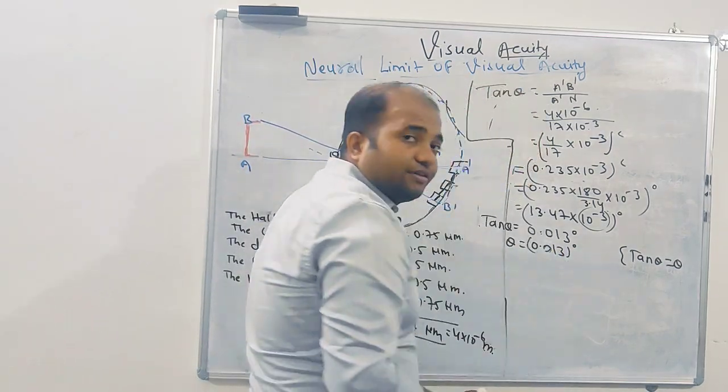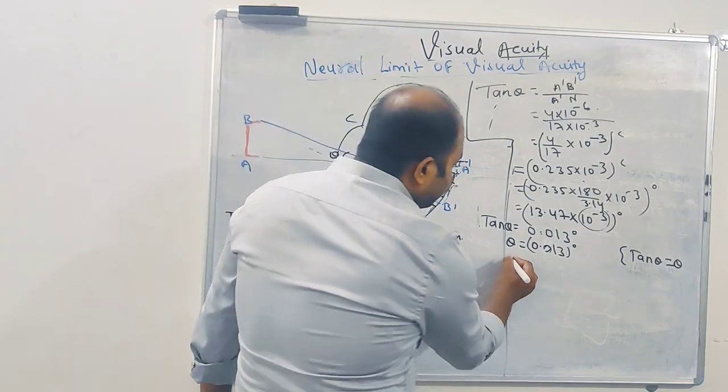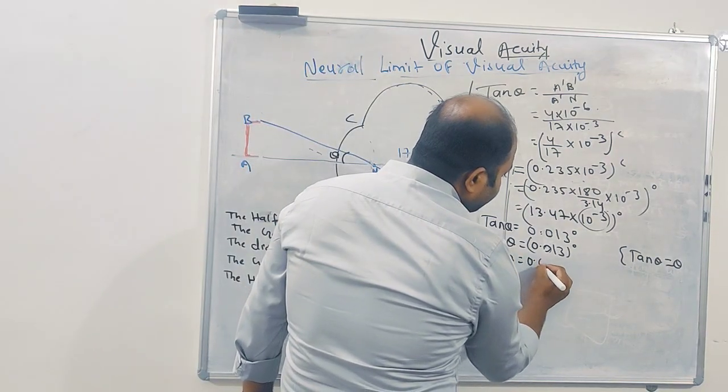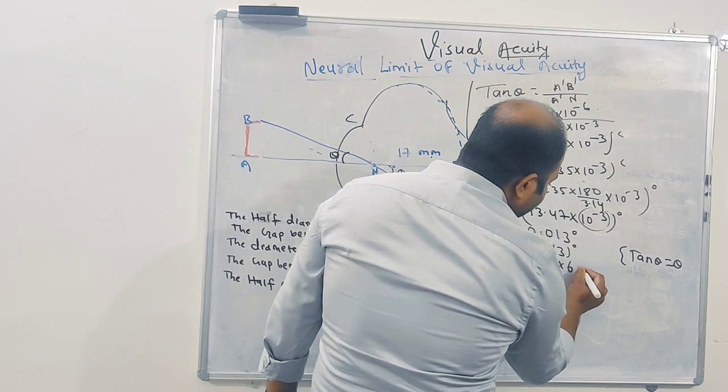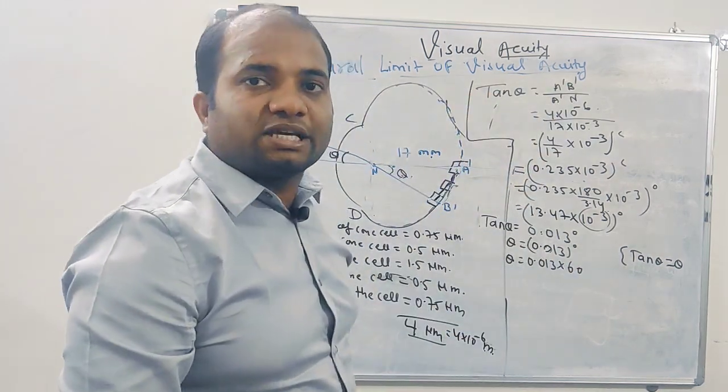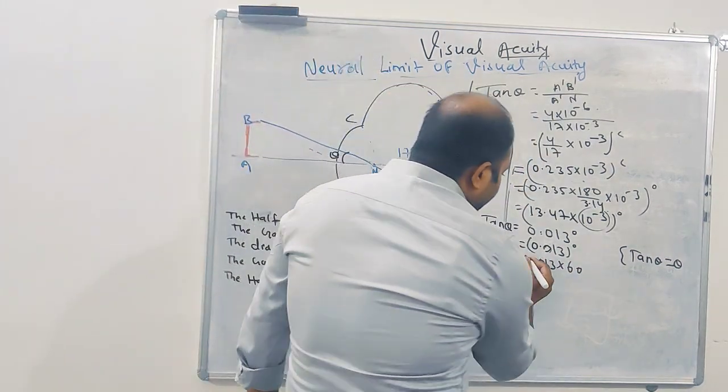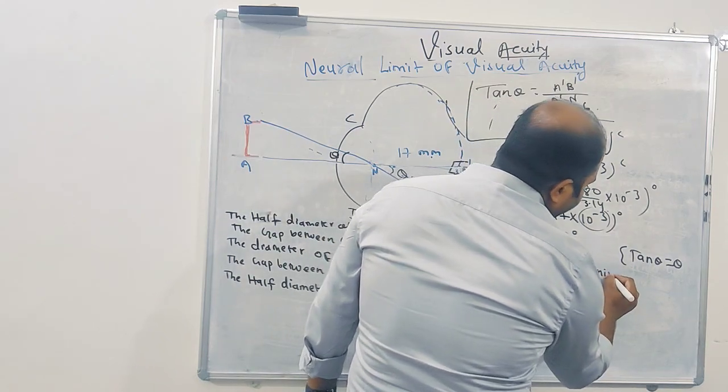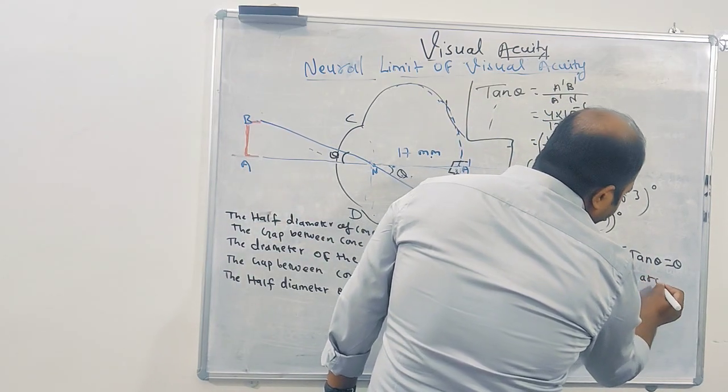I have to convert it into minutes of arc. So this theta now is equal to 0.013 into 60, because if you multiply by 60, you will get it in minutes. So now this value is in minutes of arc.